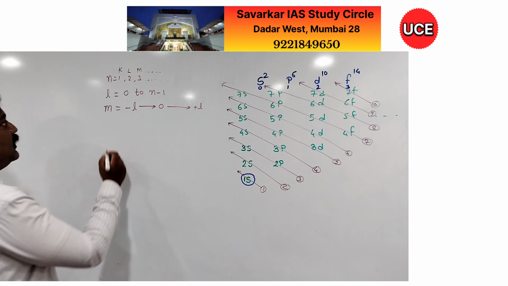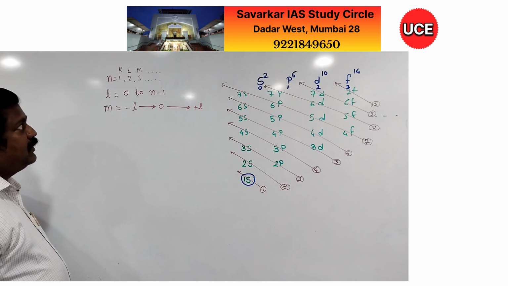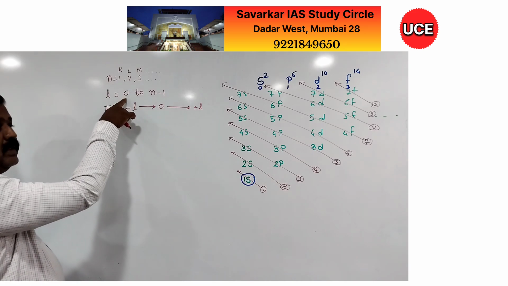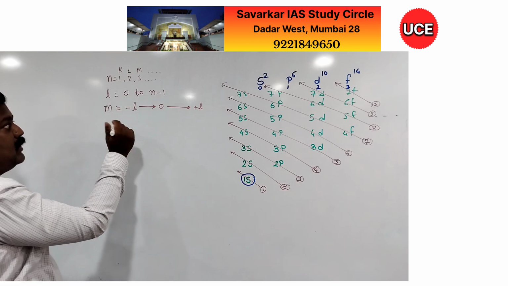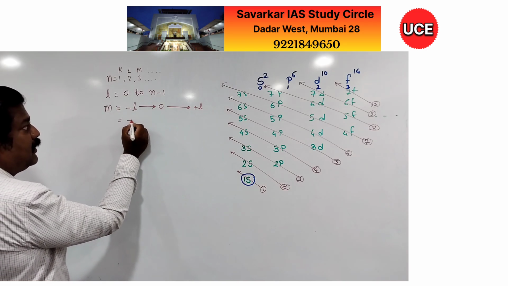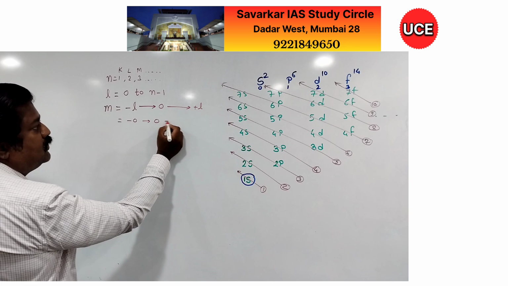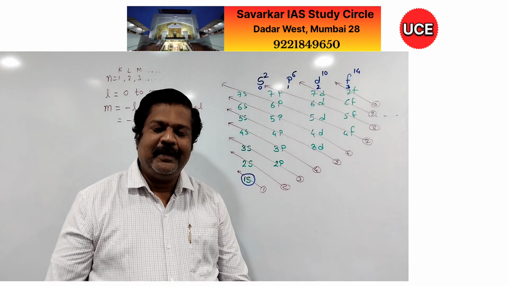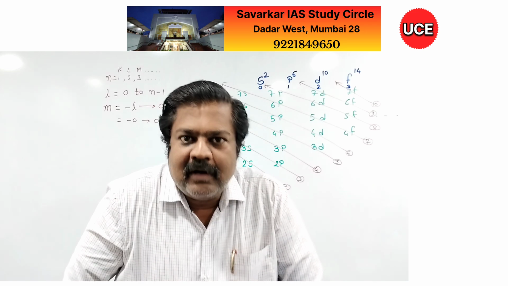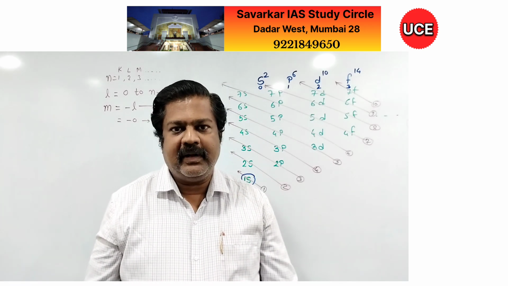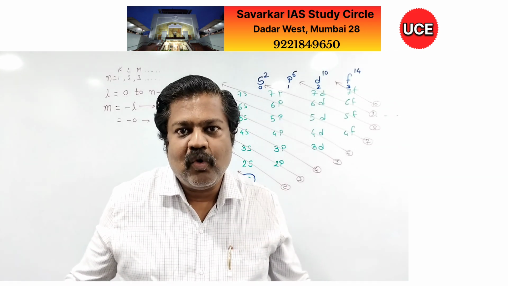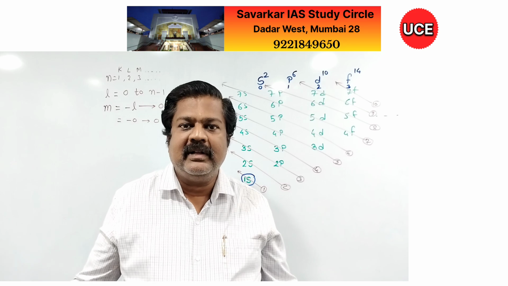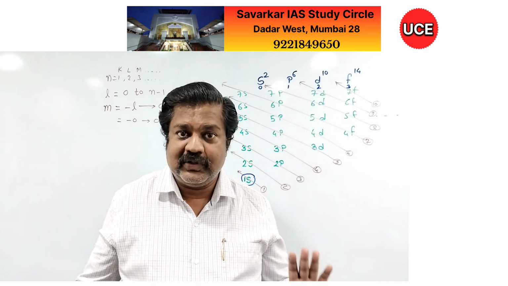Let me clarify. If n equals 1, then l equals 0. And therefore the magnetic quantum number will be minus 0 to 0 to plus 0. But keep in mind, with my knowledge, no mathematician is able to detect this type of figure, minus 0 and plus 0.